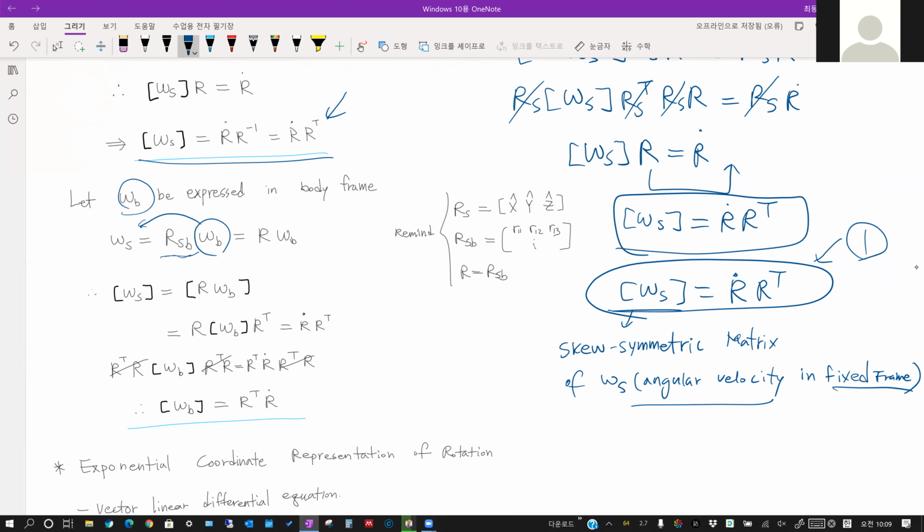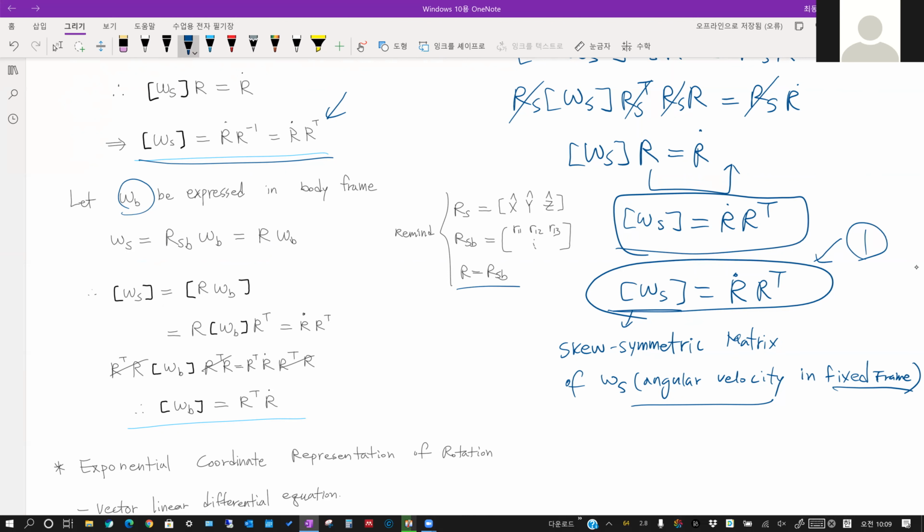This is a rotation matrix from S to B. So this is the change of the reference frame, and we can write this. And here, R_SB is simply R.